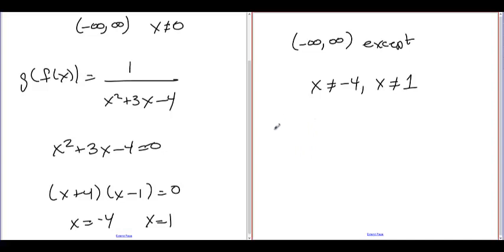There's another way to write this. You could say from negative infinity to negative 4, negative 4 to positive 1, positive 1 to positive infinity, but not including either negative infinity or positive infinity or negative 4 and positive 1.